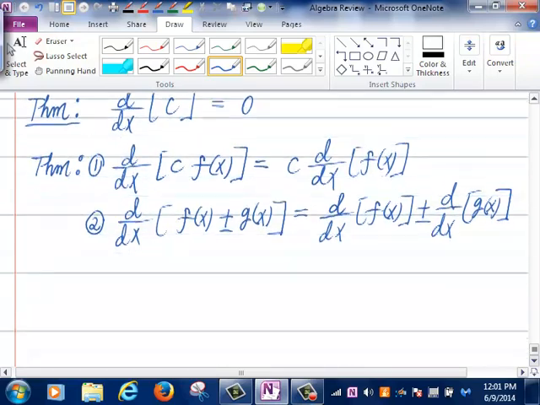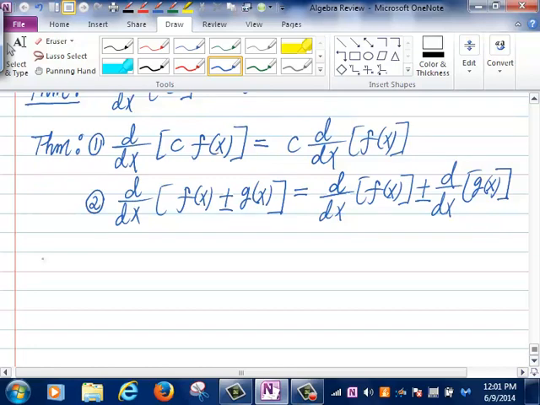So let's see how we can use those. So far, I only have a formula to find the derivative of a power of x. So let's say I have the function f of x, which is x to the 4 minus x plus 5.